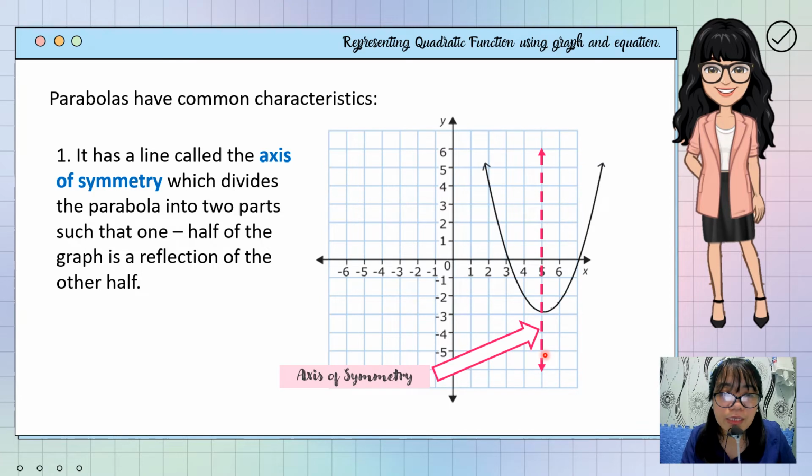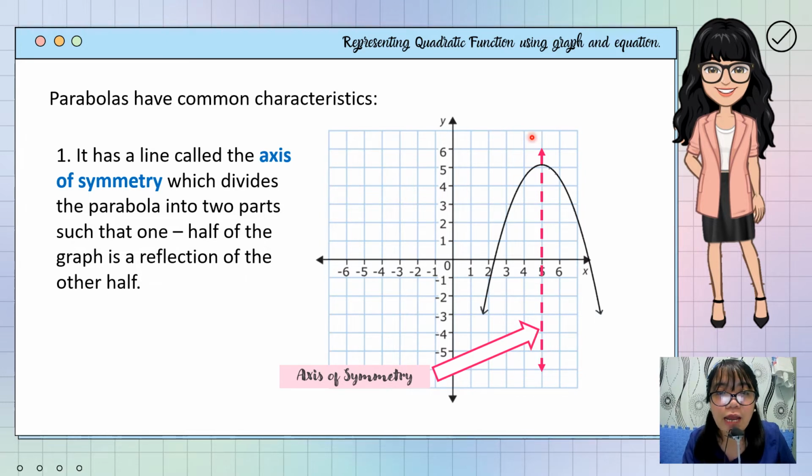The axis of symmetry is a vertical line. If our parabola opens downward, it will look like this, and this is still our axis of symmetry.